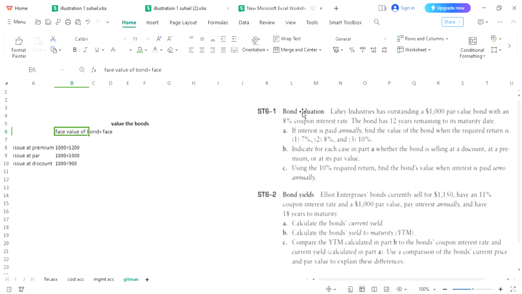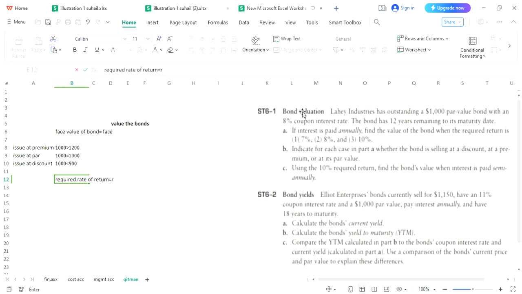First thing, we have seen face value, and then the second thing which you should know is required rate of return. We can denote it with small r. Required rate of return is what public, when investing, will be expecting from that particular bond.